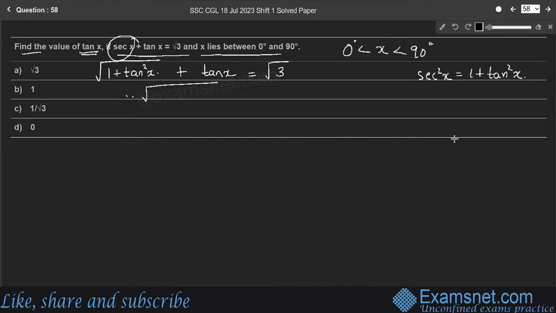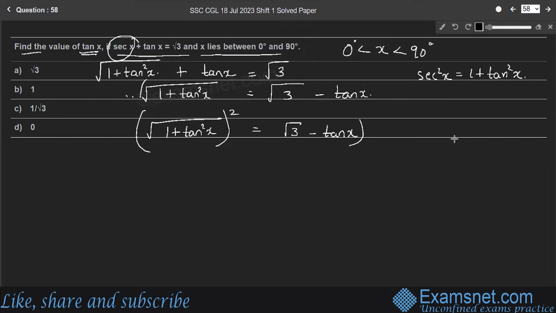Therefore, root of 1 plus tan square x can be written as root 3 minus tan x. Now square both LHS and RHS. Squaring on both sides, you will get root of 1 plus tan square x the whole square is equal to root 3 minus tan x the whole square.